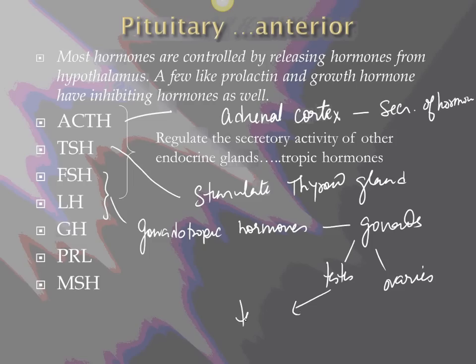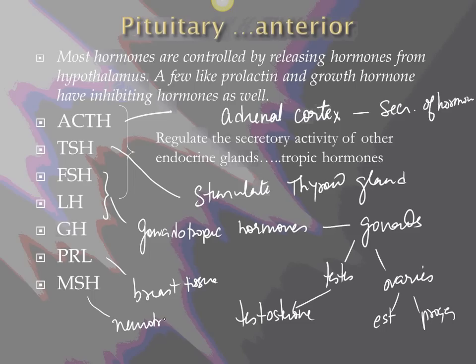From the testes they will cause testosterone release, and from the ovaries they will cause estrogen and progesterone release, and you'll see this when we do the reproductive system. Prolactin acts on the breast tissue, causes milk production. And melanocyte stimulating hormone is really a neurotransmitter in the brain, and we won't do too much on that.